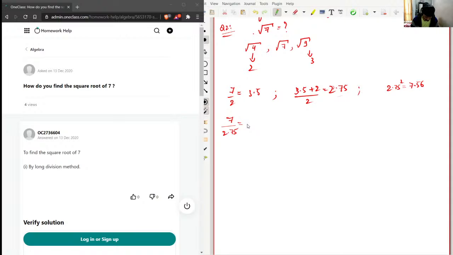7 divided by 2.75 will be 2.5454. Again I'll take the average of this number and this number, so this will be 2.5454 plus 2.75 over 2, and this will be 2.6477.